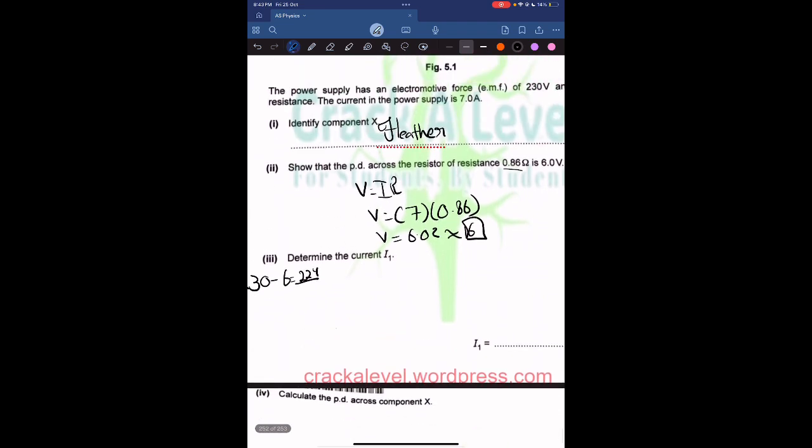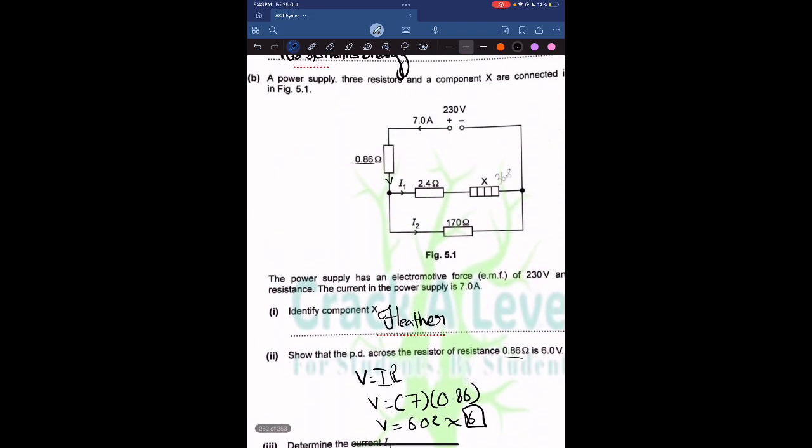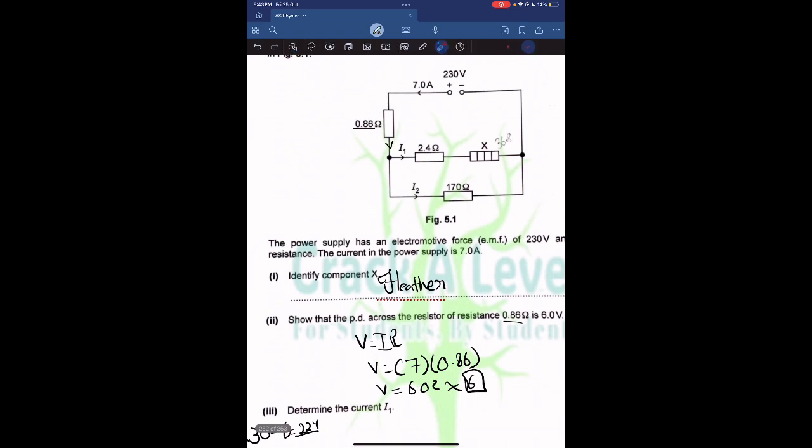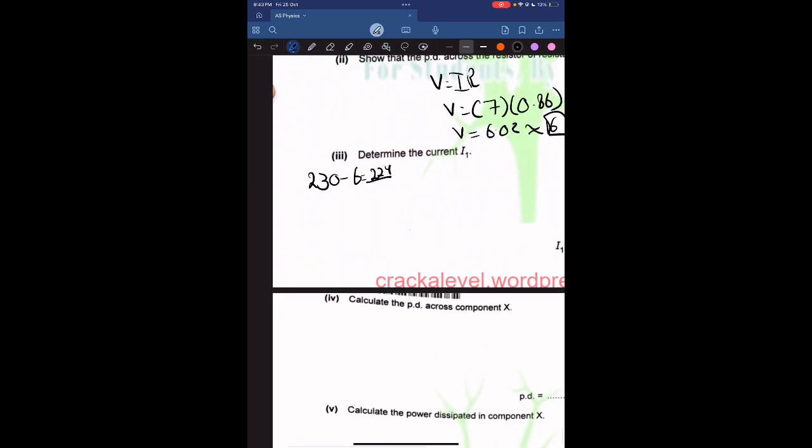Now this is the voltage that is going in I1 and I2. But in order to find I1, we first need to find I2 because it's much simpler. Why? Because we already know the resistance and we know that the voltage across it will be 224. So using simply V is equal to IR, I2 is equal to V upon R, which is equal to 224 divided by 170.